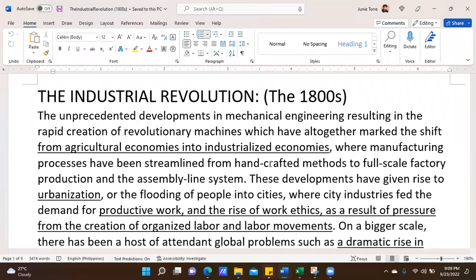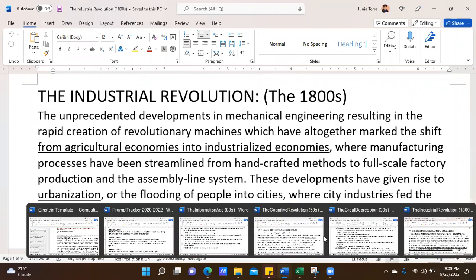Kasi up to now, 200 years after, we're still feeling the impacts. It marked the point where we never looked back. Agriculture is dead. It's now science and tech. It's industry. I'll send that to you guys.